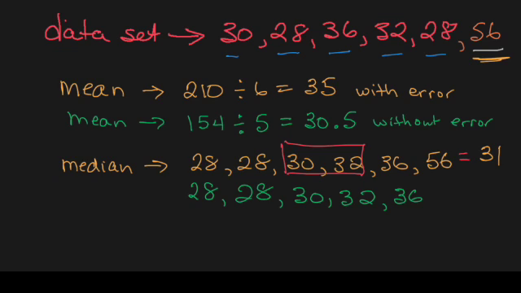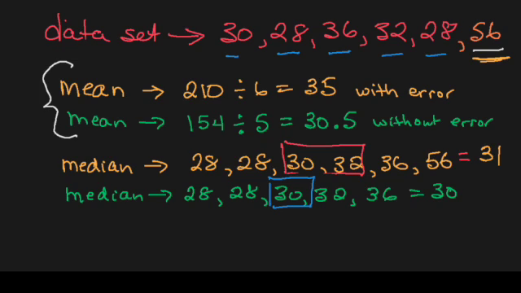Now there's only one middle number, so our median in this case ends up being 30, which is pretty close to the median with the outlier included.